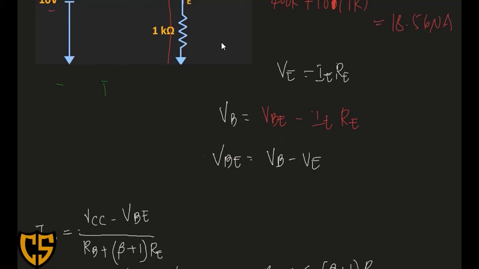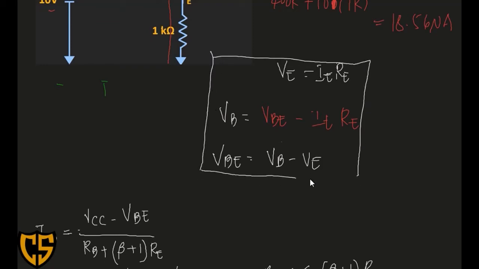Take note also of this simple analysis. It is the same if you have VCE: VCE will be VC minus VE. So take note of this simple circuit analysis for the transistor circuit.